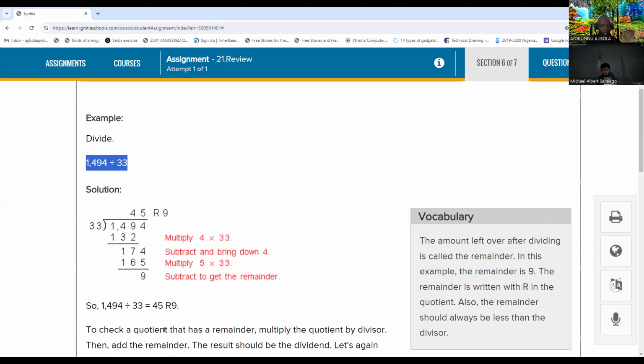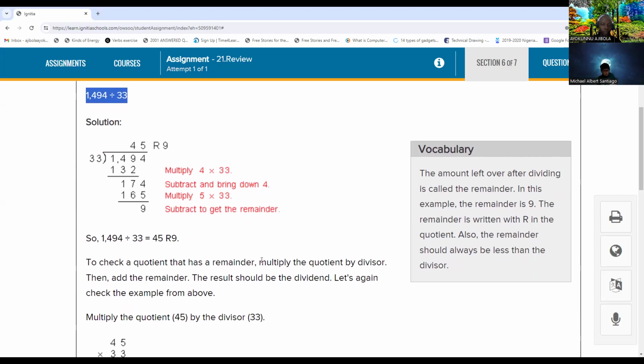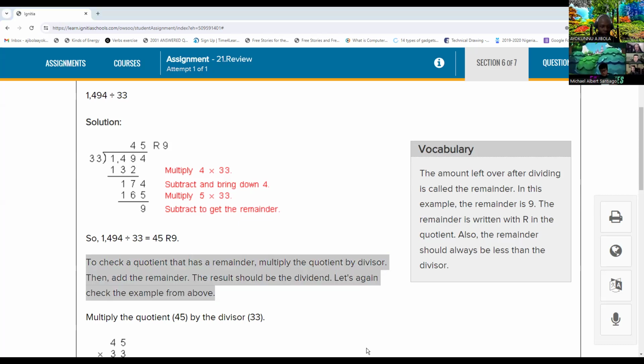So 9. To check a quotient that has a remainder, multiply the quotient by the divisor. Okay? In fact, I want you to read this so that you can remember it, okay?